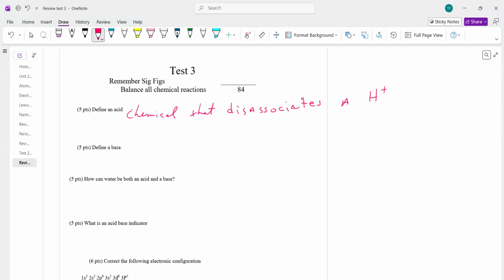This is the earliest one. But in your next class, you're going to have one definition: it's a proton donor, because H plus is a proton. There's no electrons. So anyway, there's a number of them, but this is the simplest one. Okay, so the key here is dissociate an H plus. If it doesn't dissociate, it's not an acid.